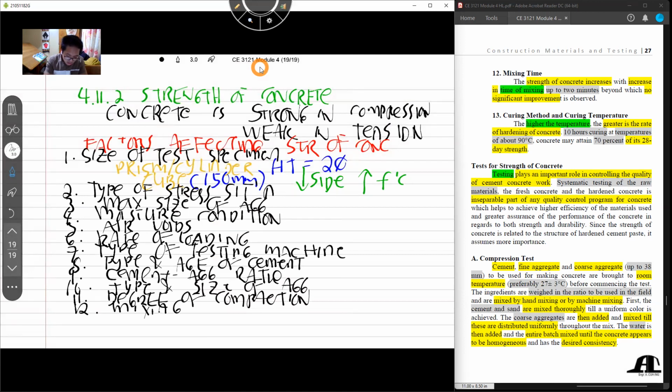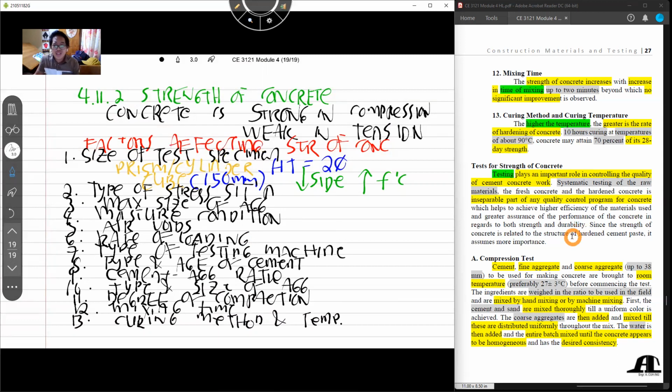This is probably the bulk of the factors. Then lastly, class, of course the curing method and temperature. Okay? So that's it, class, we have 13 factors affecting the strength of concrete.